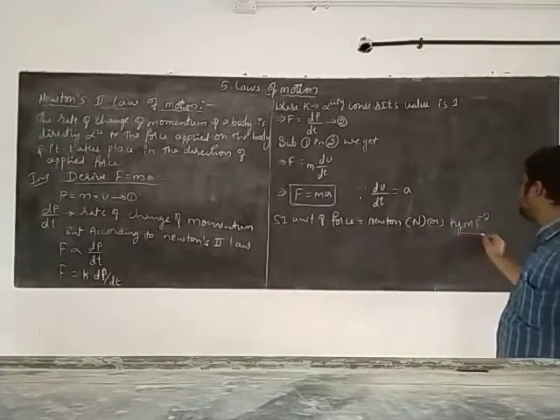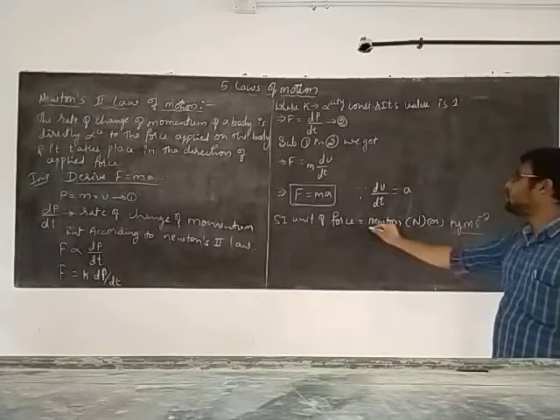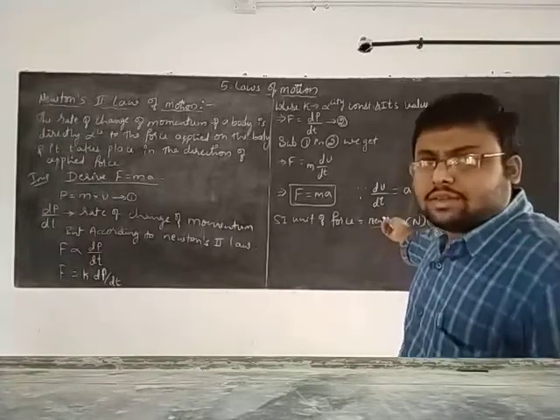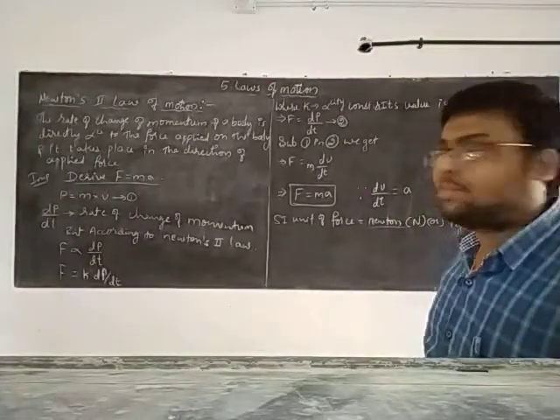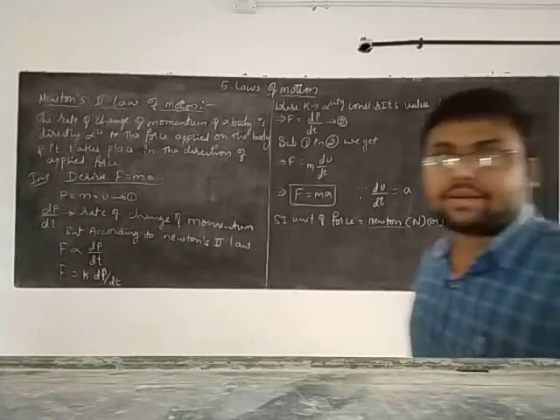So kg meter per second square, or Newton. Most of the times we are going to use Newton only. So both are same. 1 Newton is equal to 1 kg meter per second square.